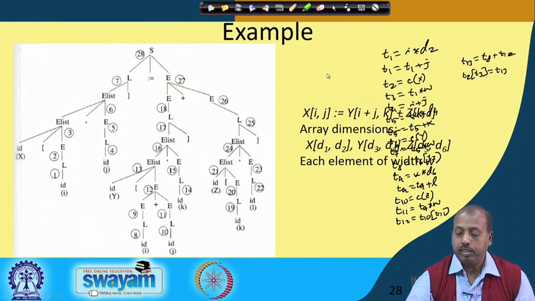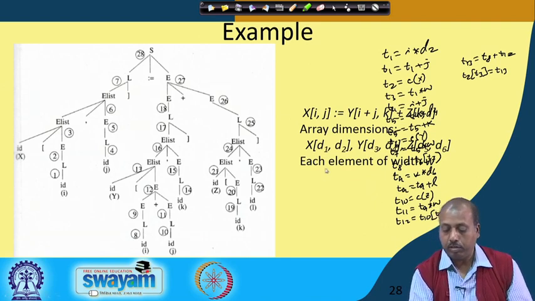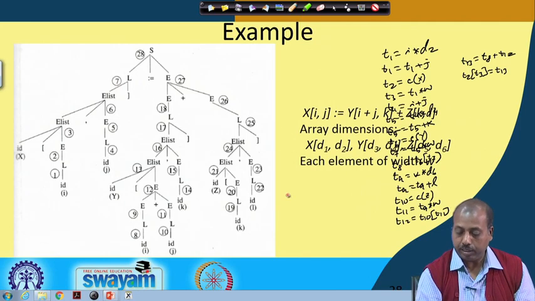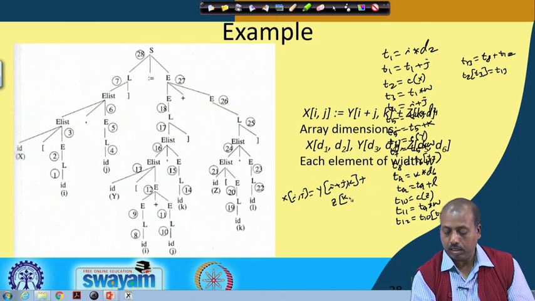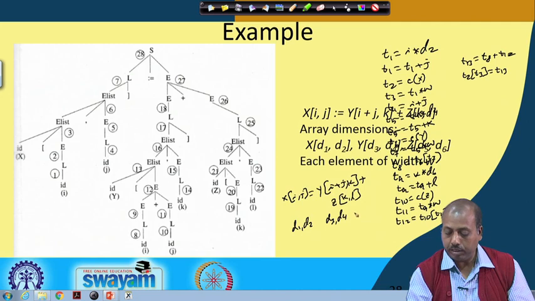The example that we have taken is X ij equal to Y i plus j k plus Z k L, and the dimensions are: X is of dimension d1 d2, Y is of dimension d3 d4, and Z is of dimension d5 d6.